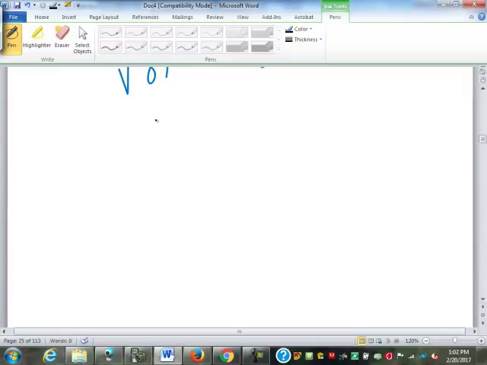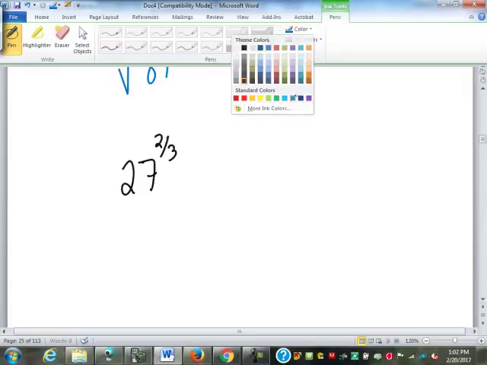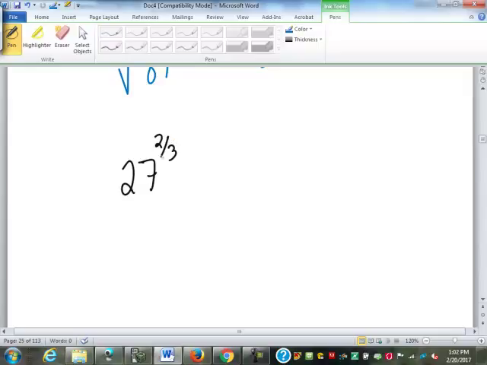Well, let's say we have something like this, 27 to the power of 2/3. This is giving us two things. There are two pieces of information here. The top, the numerator, is a power. The denominator is the index of a root.